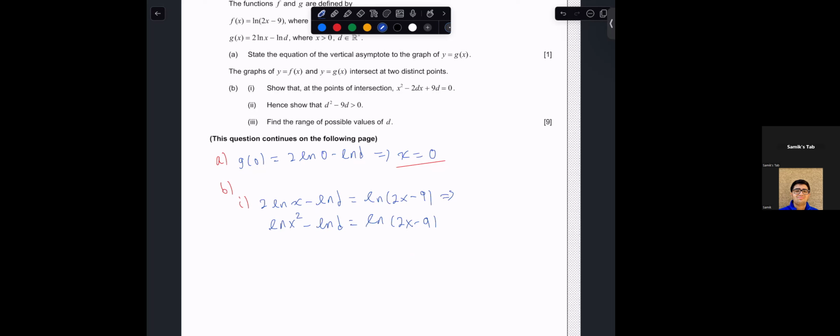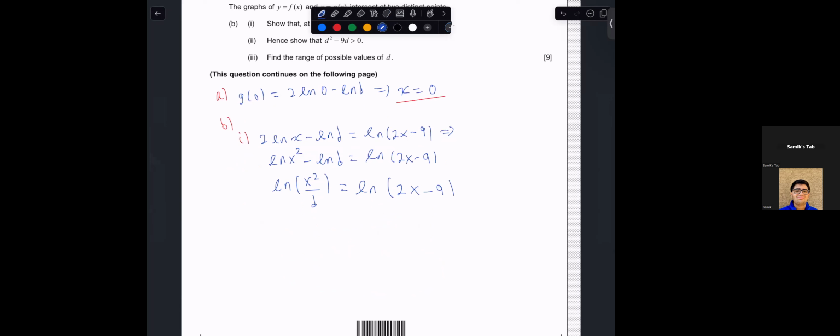Now this formula is quite easy. It's ln m minus ln n, which will be equal to ln of m upon n. Write this down and we can apply this to this equation. So this is ln of x squared upon d is equal to ln of 2x minus 9.